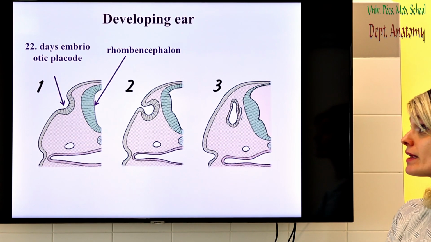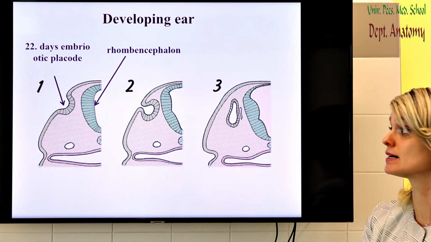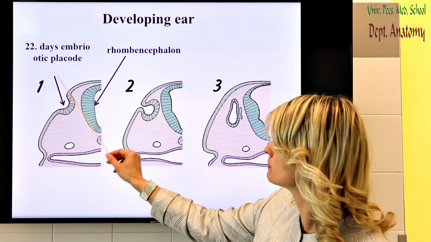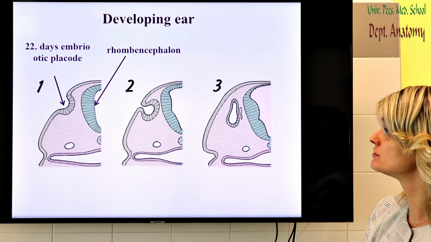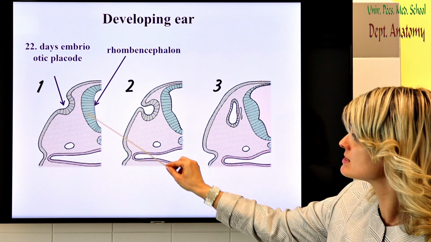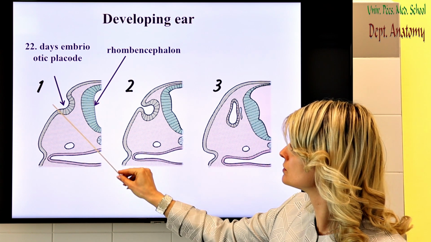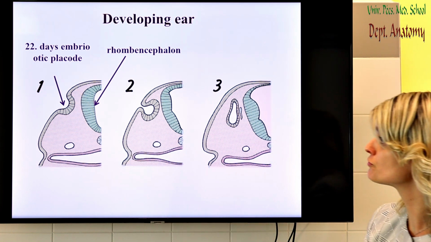And finally, I would like to tell you some words about the development of the ear. Here you can see the schematic picture from the 22nd day of embryo development. This is the rhombencephalon, and this is the ectoderm, and on the top of the ectoderm the otic placode is formed.